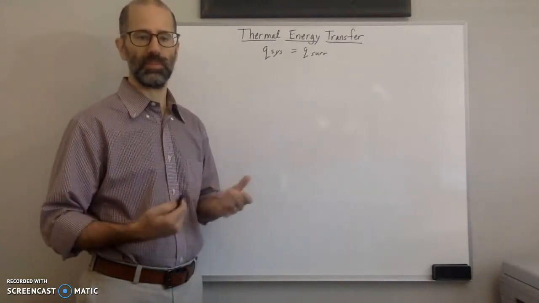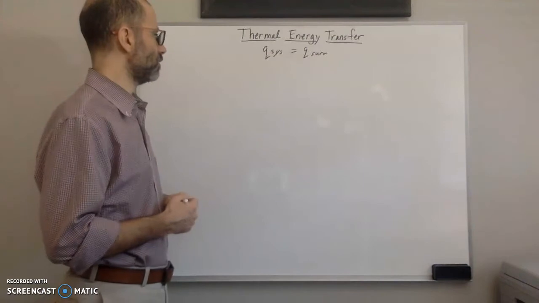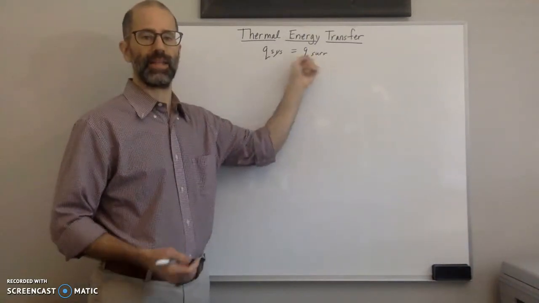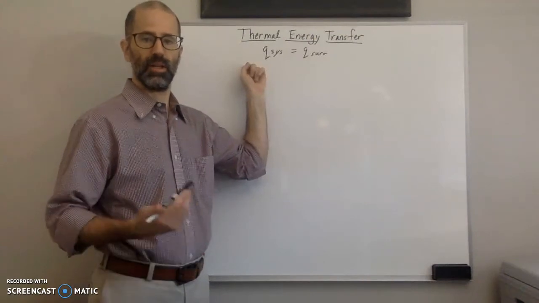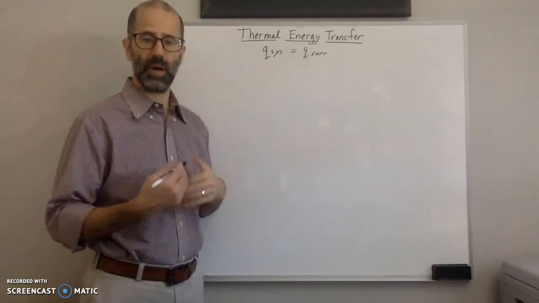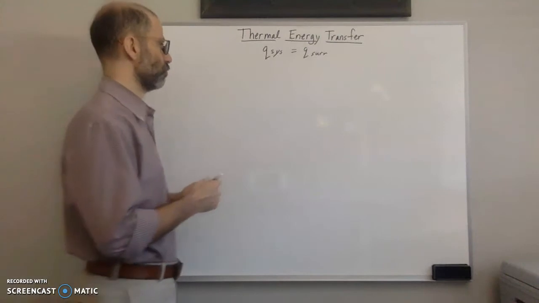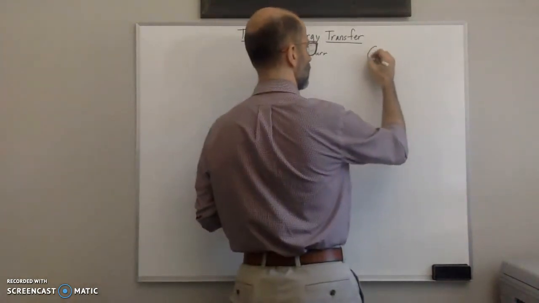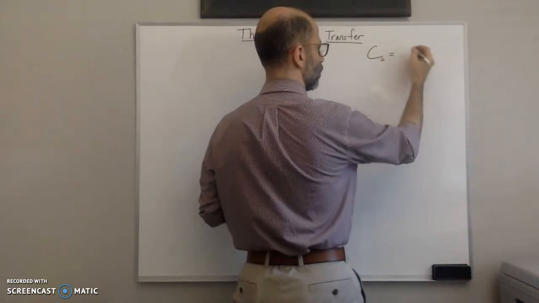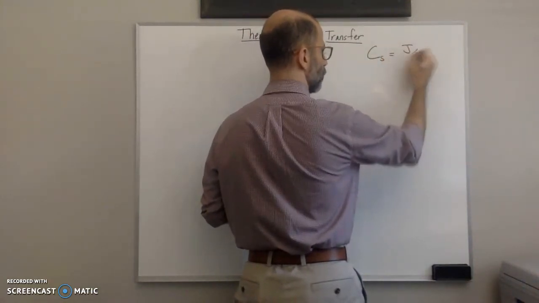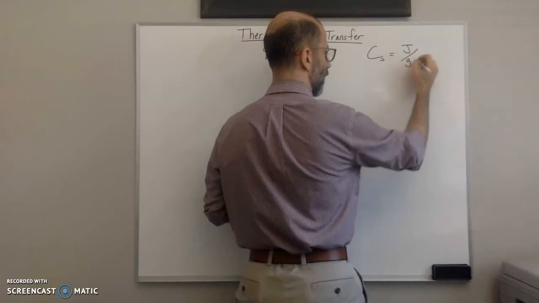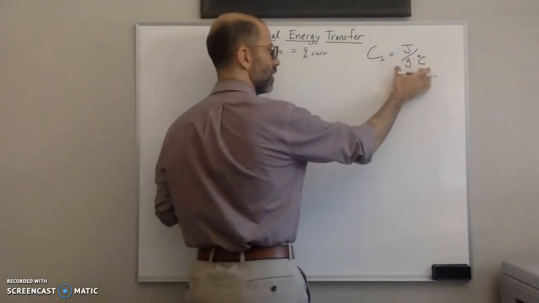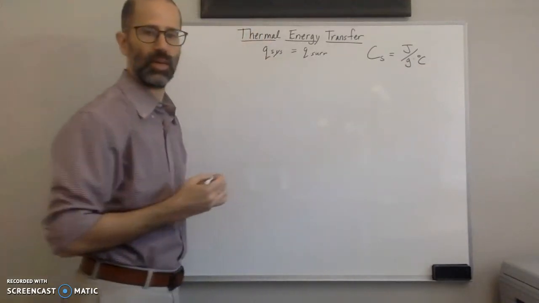If you're given the specific heat of the water and the specific heat of the metal, remember that the units of specific heat are joules per gram per degree Celsius. The units are going to give you the equation.